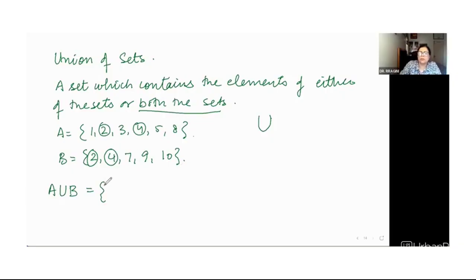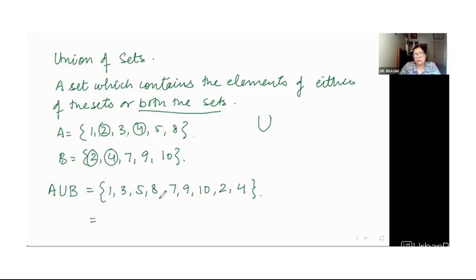So what we do is we write all the elements once, like 1, 3, 5, 8. These are the 4 elements which belong only to A. 7, 9, 10. These are the 3 elements which belong only to B. What about 2 and 4? Though they are present in both the sets, they will be written once. So now we have taken all the elements, whether they belong only to one set or to the other one or to both.